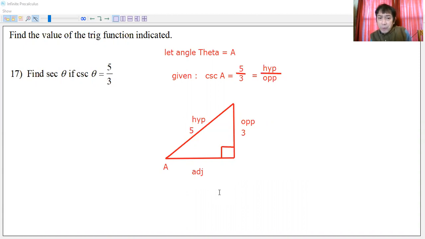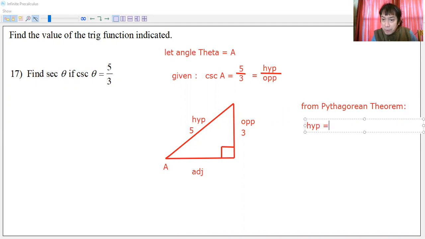Now, from Pythagorean theorem, the square of the hypotenuse is equal to the sum of the squares of the sides, namely the opposite and the adjacent side, the legs. So from Pythagorean theorem, we have hypotenuse, and then adjacent, plus opposite.